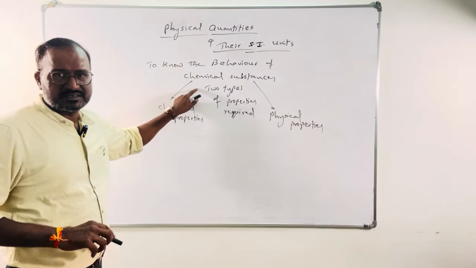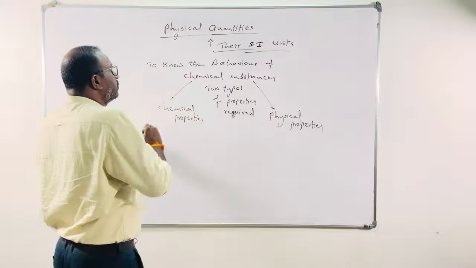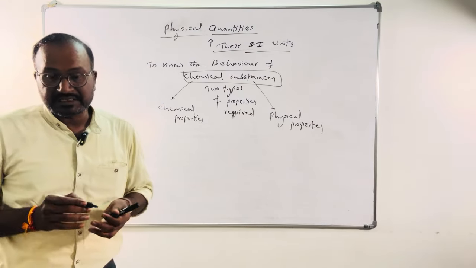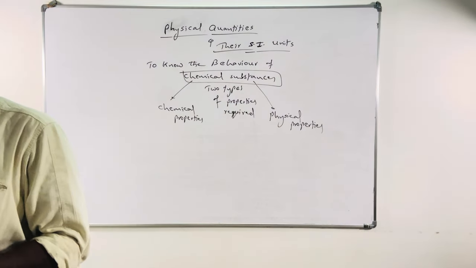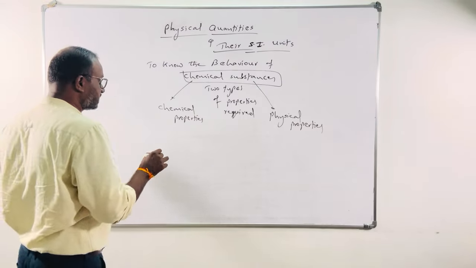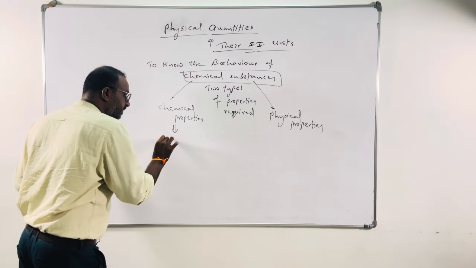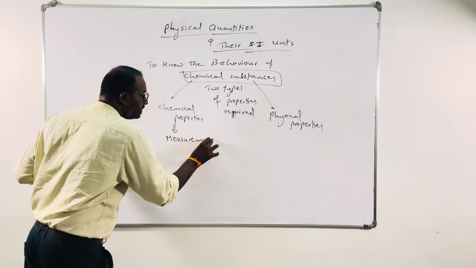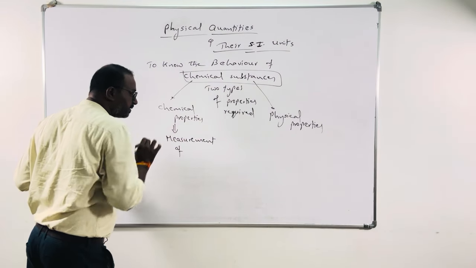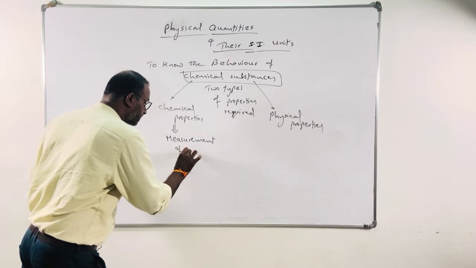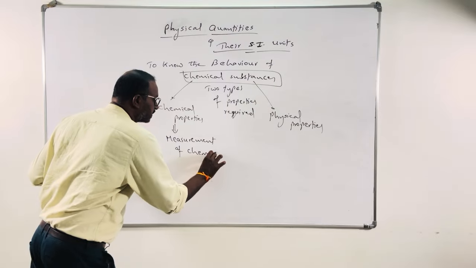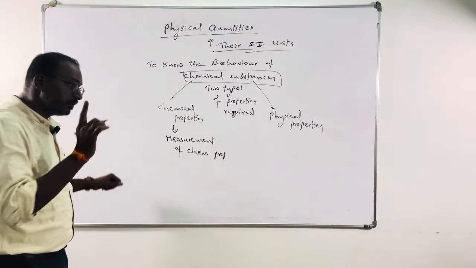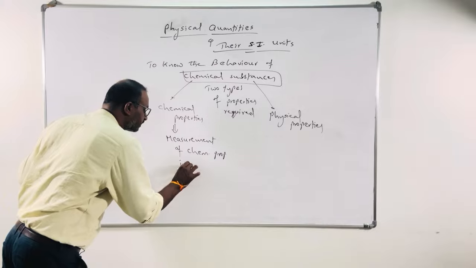Whatever the chemical substance, to know its behavior, we must know chemical properties as well as physical properties. The measurement of chemical properties involves chemical reactions.